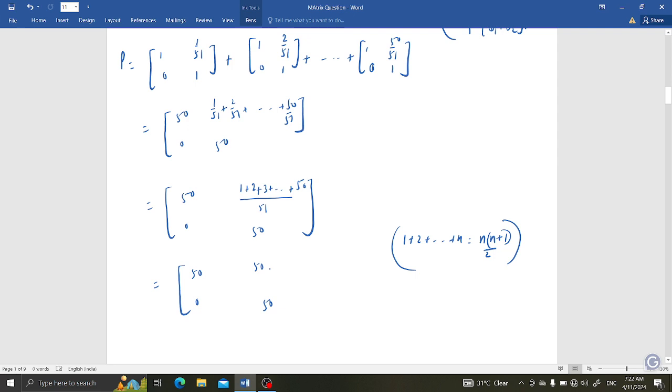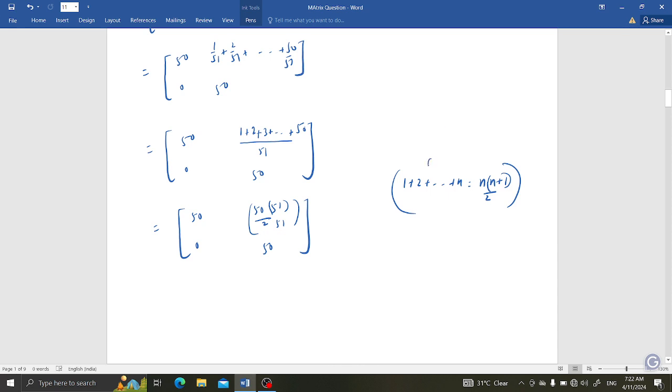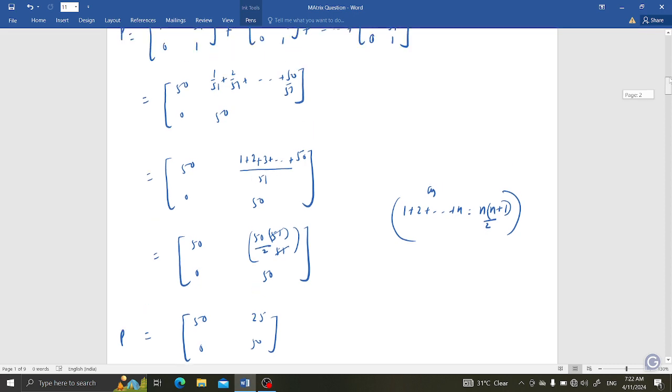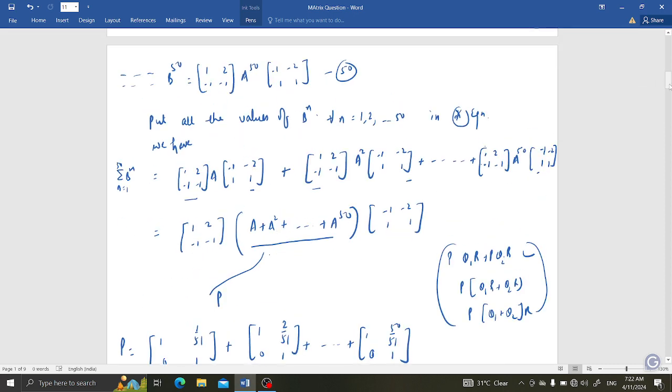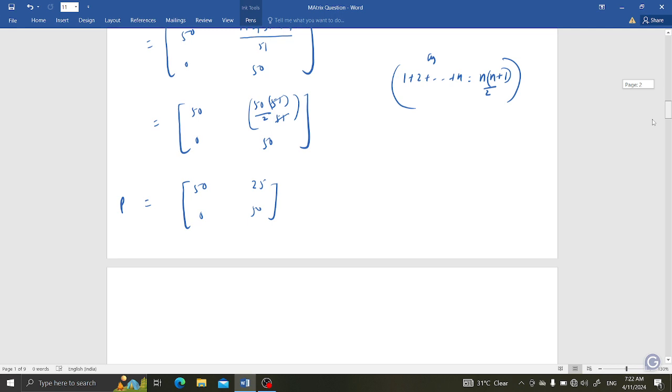So here what we have? 50 into 51 upon 2, and denominator is 51 also. I hope you understand. Okay, so here we have 50, by this 51 51 cancel, so here we get 25, 0, 50. So this is our P matrix. Okay, we can put this thing here in place of here. Okay, and after multiplying we will get the things.